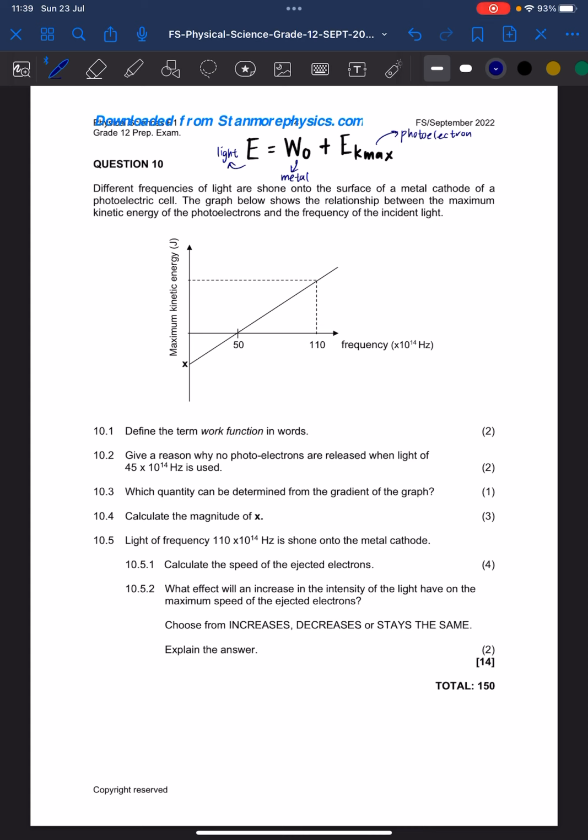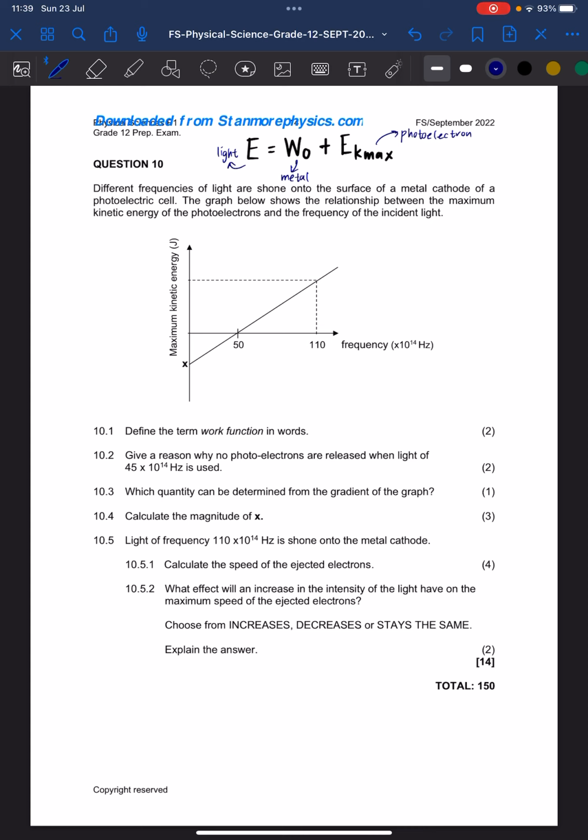If the incident light is just equal to our work function, then you'd know there's no EK max, and so on and so forth. That's why it's so important to know this skill of being able to allocate information into the different sections of this formula.